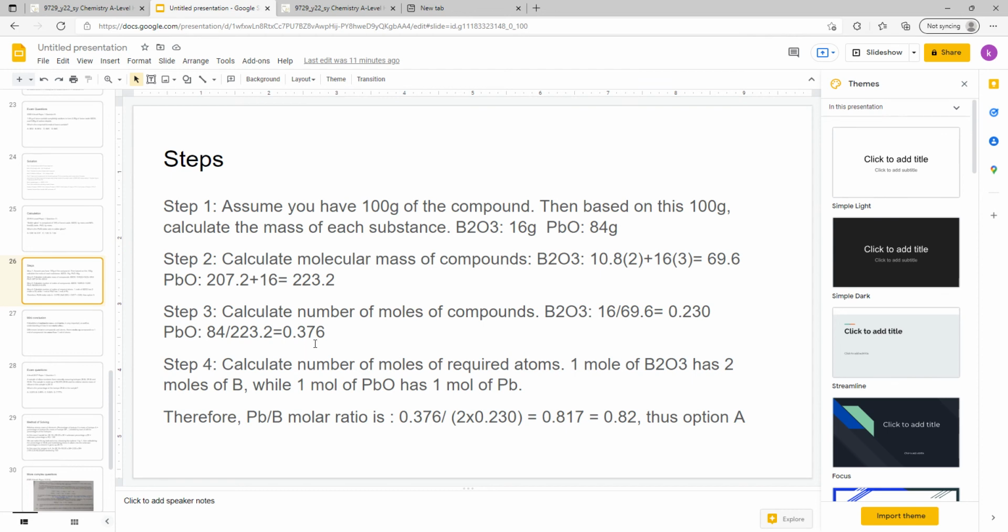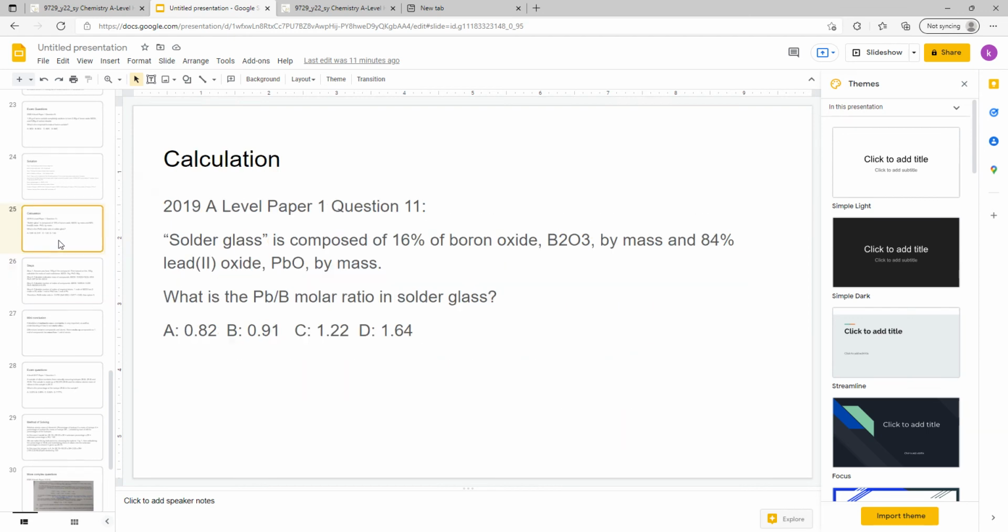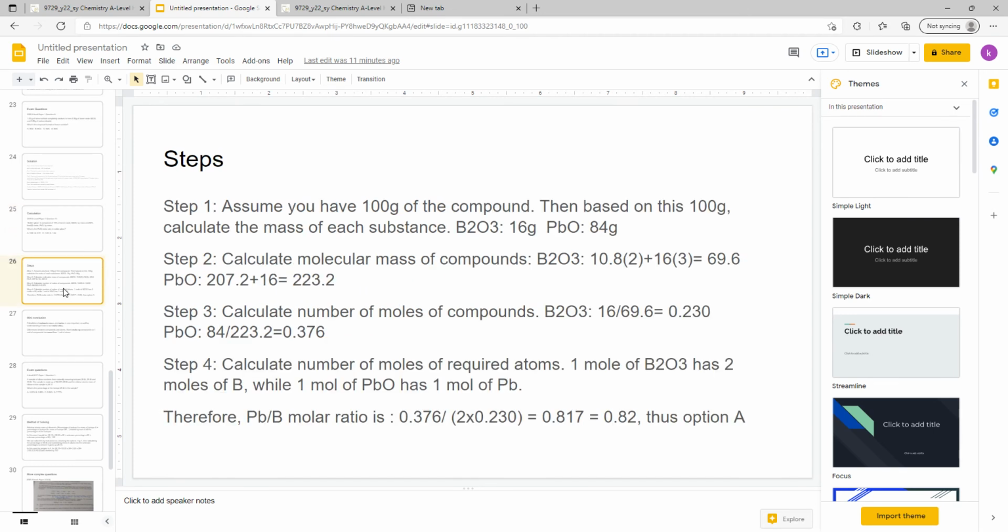So finally, to calculate the number of moles of required atoms, we observe that in the question they asked for the Pb to B ratio, but they give us B2O3 and PbO. So as we can see, 1 mole of B2O3 has 2 moles of B, as seen from the 2 beside the B, while 1 mole of PbO has 1 mole of Pb.